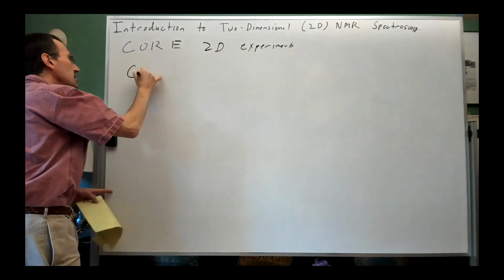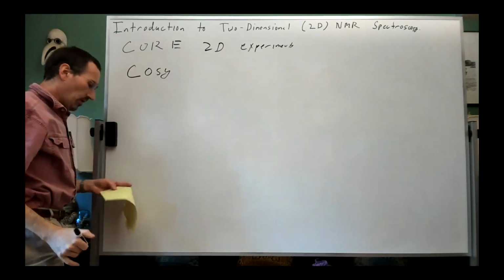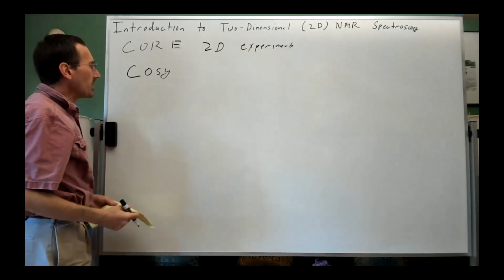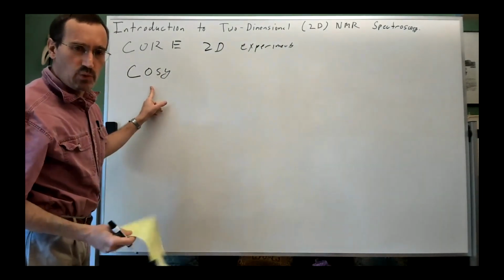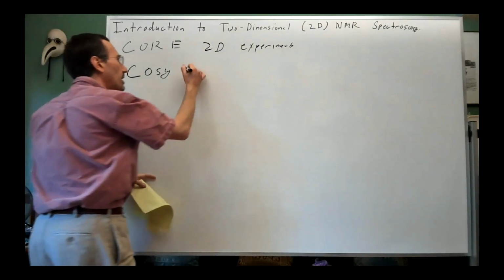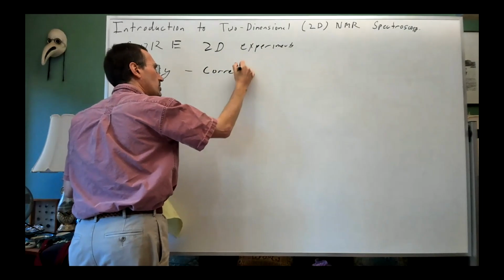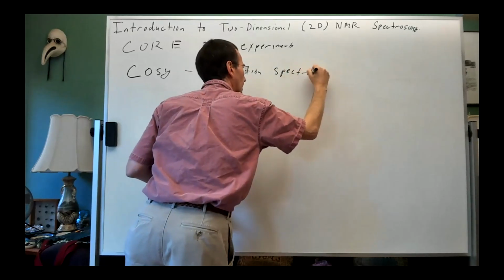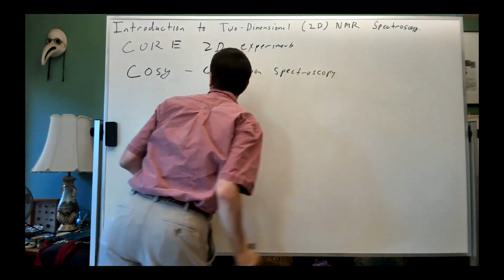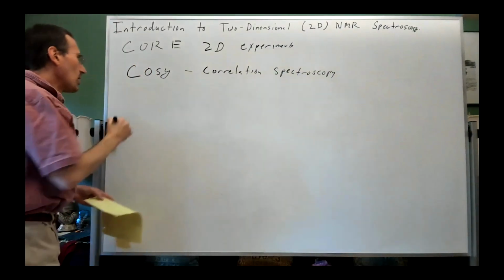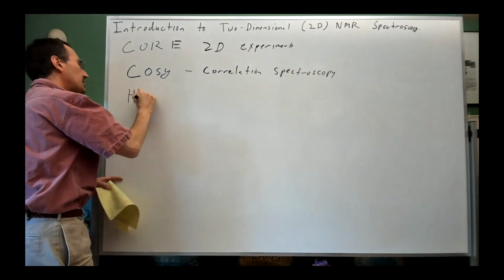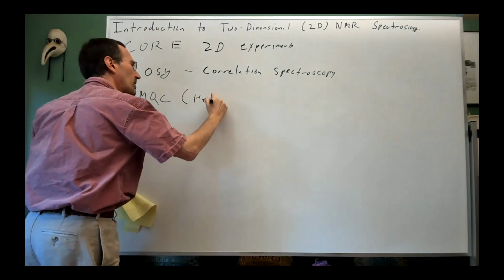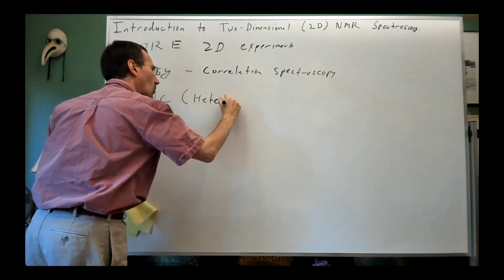So COSY is certainly the most fundamental of 2D experiments. It's not the first one ever developed, but it's the one that's most useful as a workhorse and very easy to run. It stands literally for correlation spectroscopy. Another one very useful is HMQC, which there's an older variant of the experiment called HETCOR.